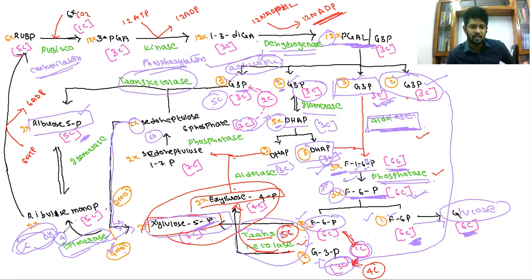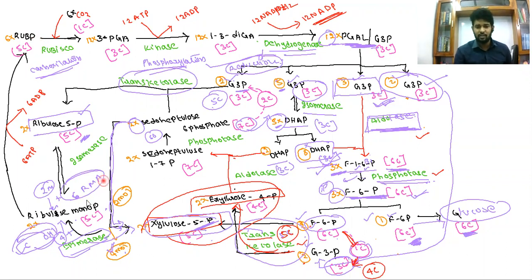So 4 molecules are converting into ribulose monophosphate, and already from ribulose 5-phosphate 2 molecules are produced, which are also converting into ribulose monophosphate. So total how many? Here 4 plus here 2, that is 6 ribulose monophosphate, and these 6 have to be converted into ribulose 1,5 bisphosphate.